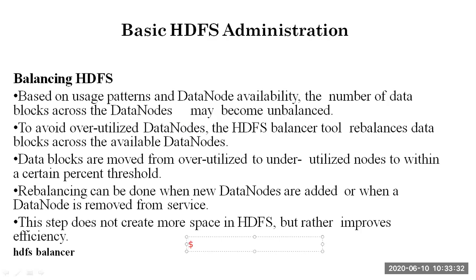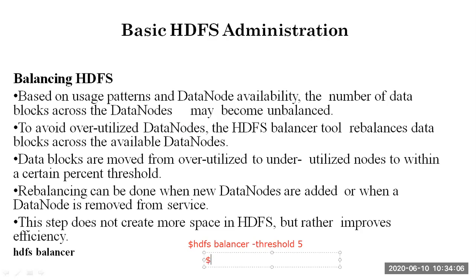For example, when I write this command, I will write it as $ hdfs balancer -threshold 5. So what is the meaning of this? Here I set the threshold as 5%, and the lower the threshold, the longer the balancer will run. And you can even set the bandwidth limit for this balancer.